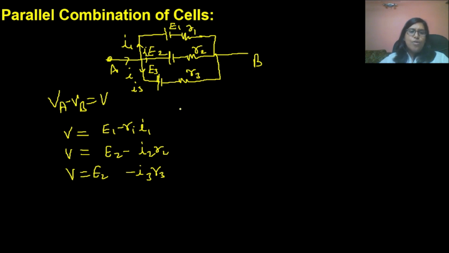Here by KCL at this node, I equals I1 plus I2 plus I3.